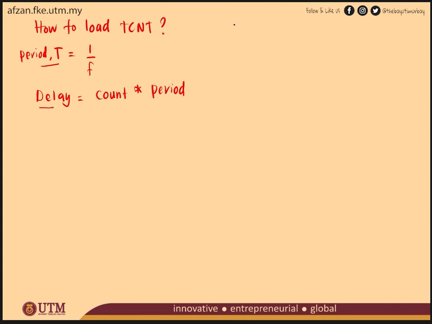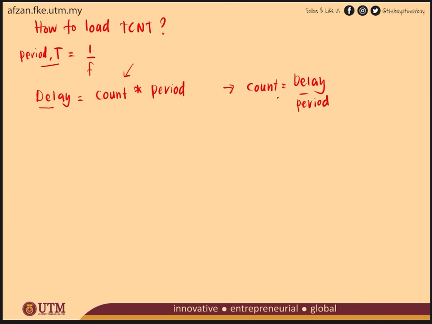So do your programming. You have a delay, and from that frequency you obtain your period. Now you can get your count. Count is how many counts are needed in order to generate the delay. So in this case you can simplify: count sama dengan delay over period.